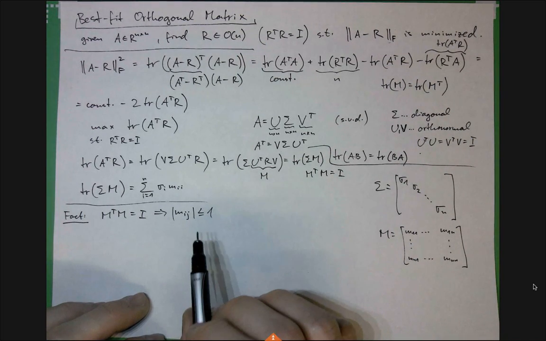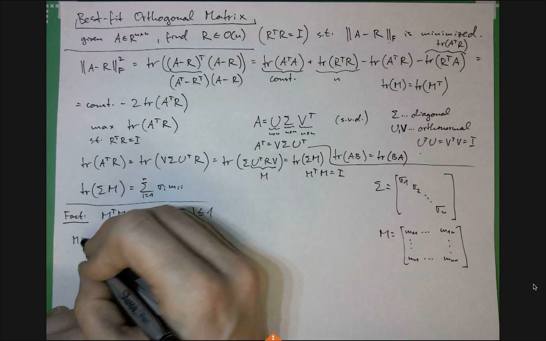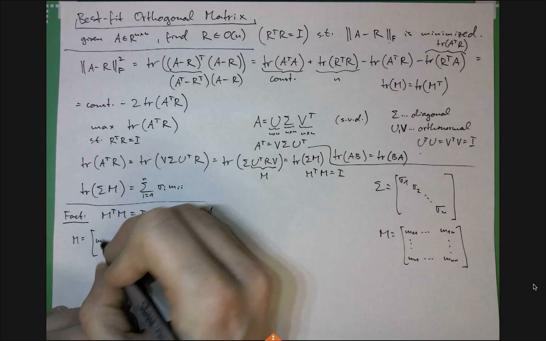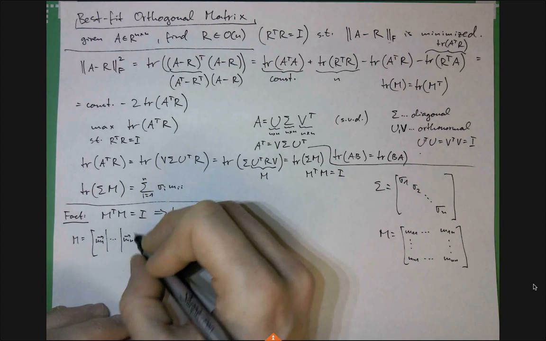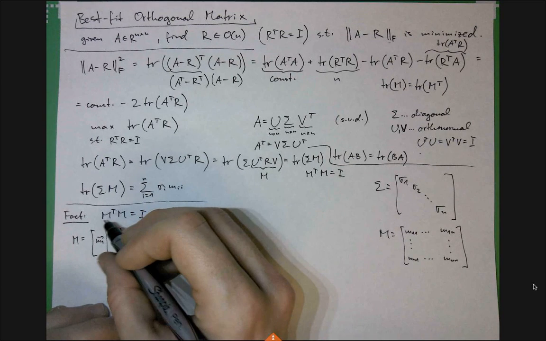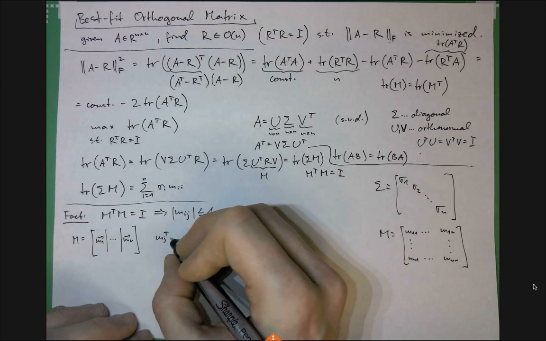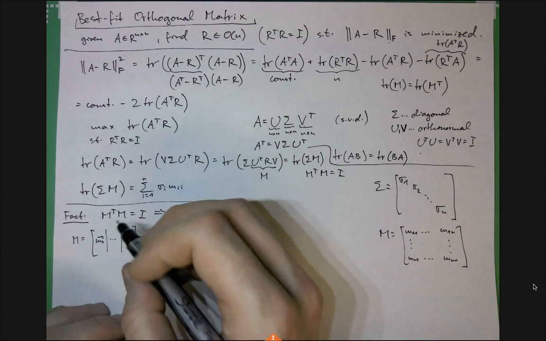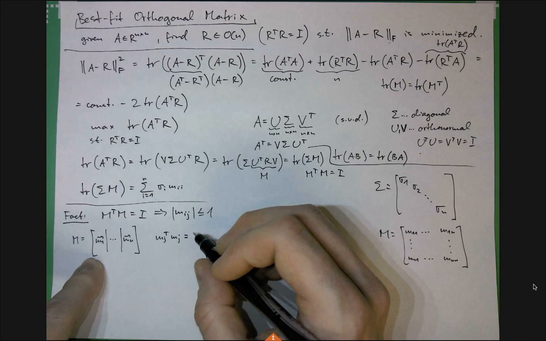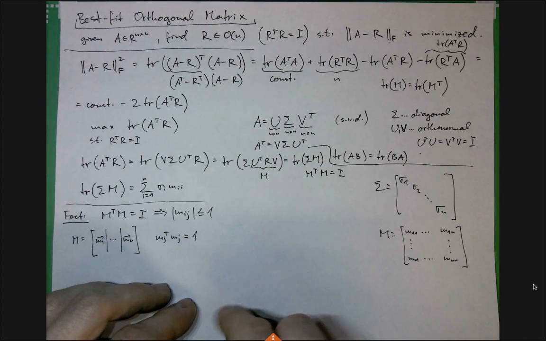Why is that true? Well, if I have a matrix M like this, and I write the individual columns of this matrix, then MTM being identity means that every column is unit, right? That's because it's an orthonormal matrix.